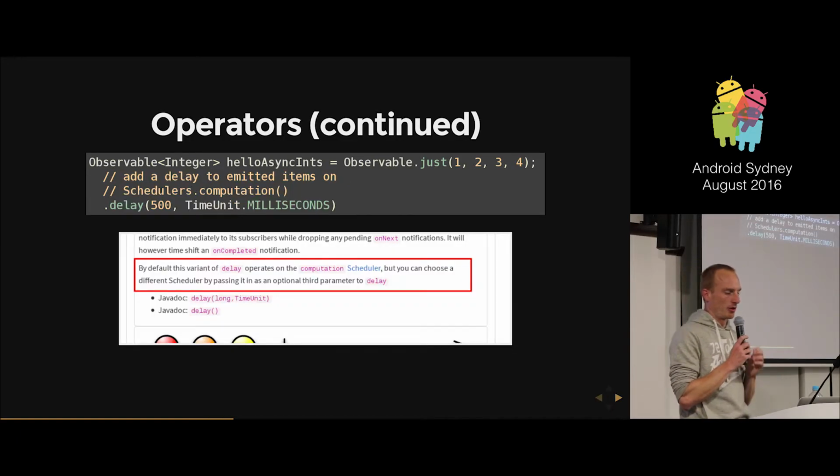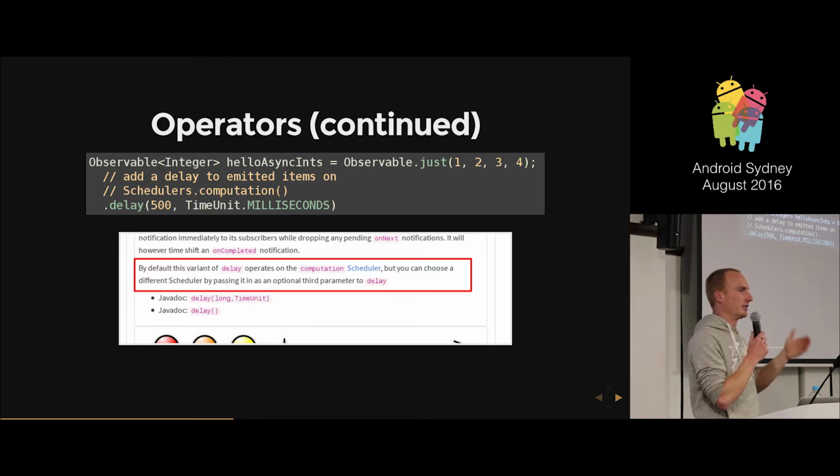Then there's also a couple of operators that implicitly change the threading behavior. So here we have a delay operator. What it does, it just delays every item that it receives by 500 milliseconds. But to accomplish that, it has built-in threading that kind of holds the item and then emits it.